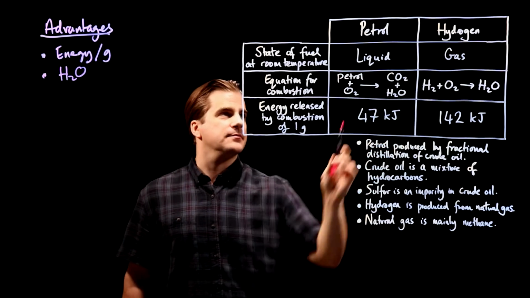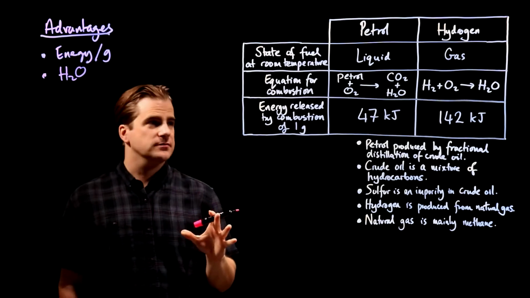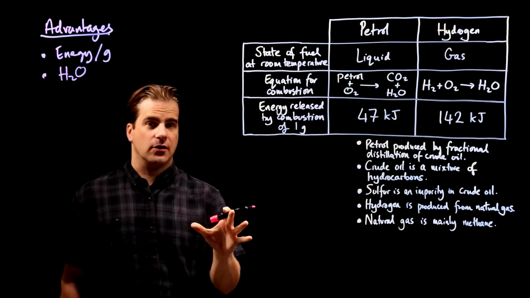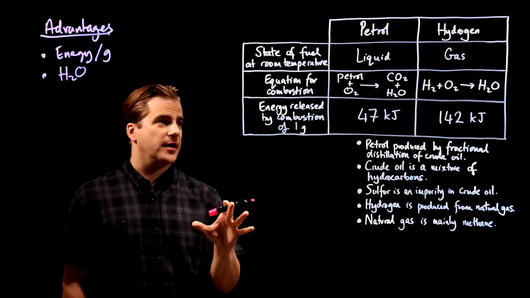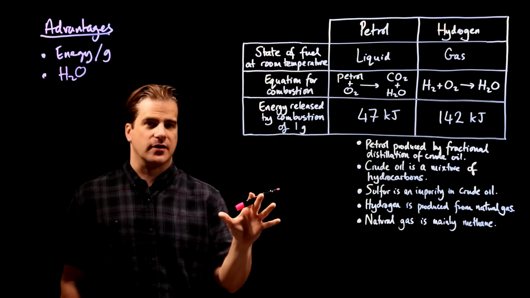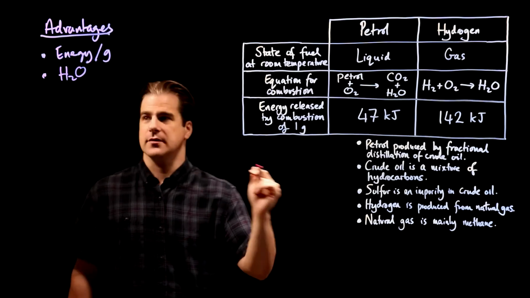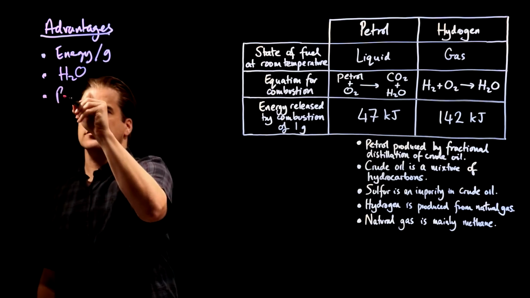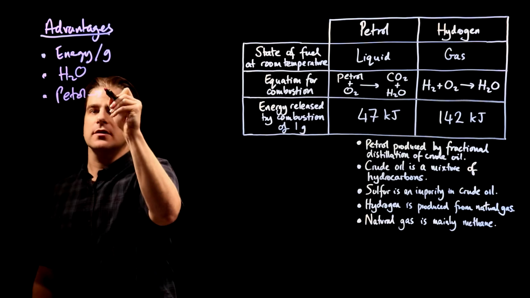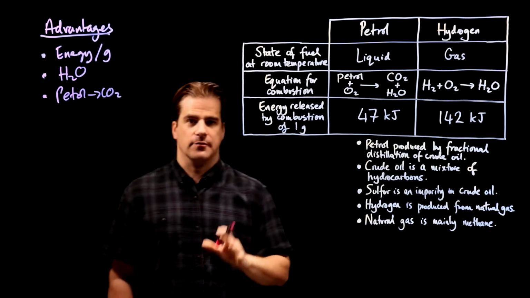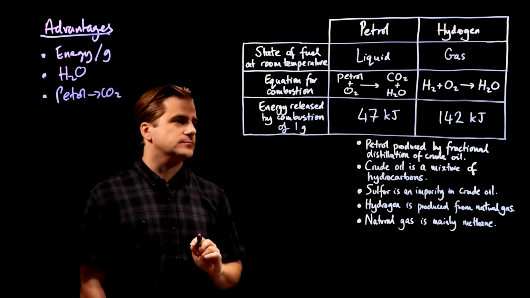Look at that. Petrol, the combustion of petrol, carbon dioxide is a product for petrol, and that's a greenhouse gas. Therefore, it can lead to global warming. So, petrol, CO2 is a product.